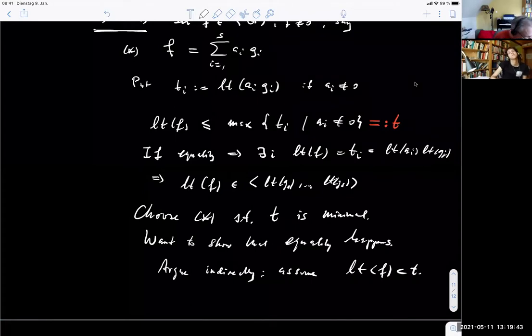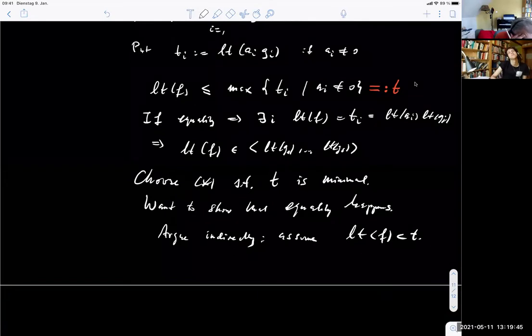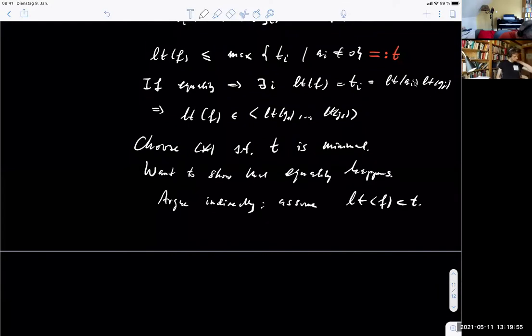So we will try to find a representation of f with smaller leading terms, with the help of the S polynomial.